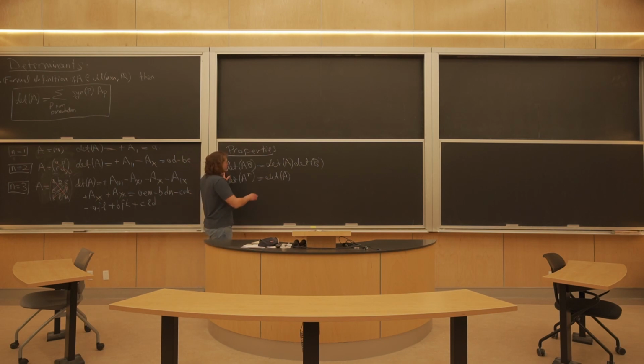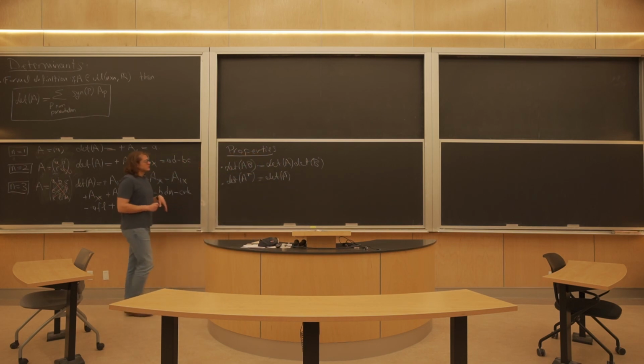We said that the most important property of the determinant is that for the product of two matrices, insofar as they're square, the determinant of the product is the same as the product of the determinants of the separate matrices.